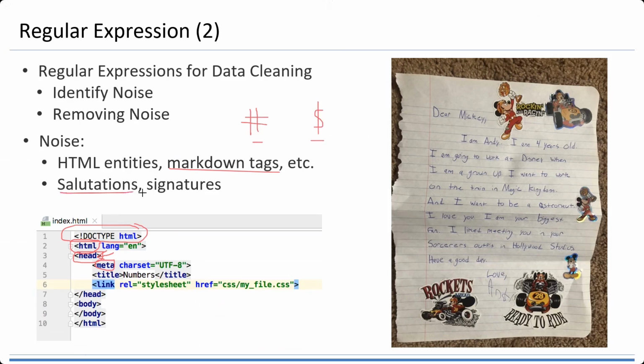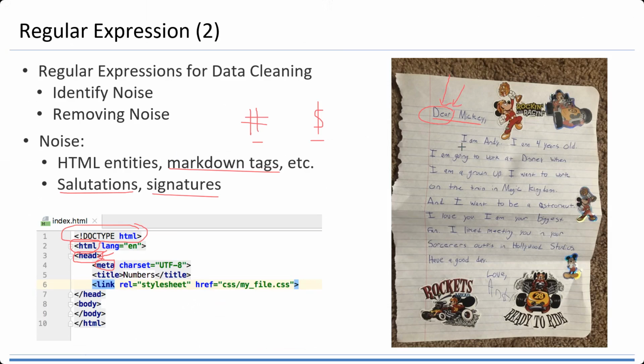Salutations, signatures. For example, I want to analyze this letter. Dear Mickey. Dear is a very common word, so if you try to analyze this letter, there will be a lot of dear. Dear is a kind of greeting.